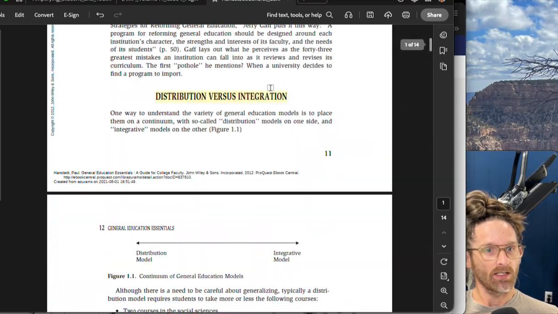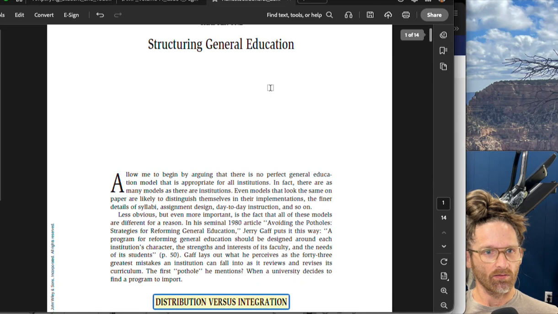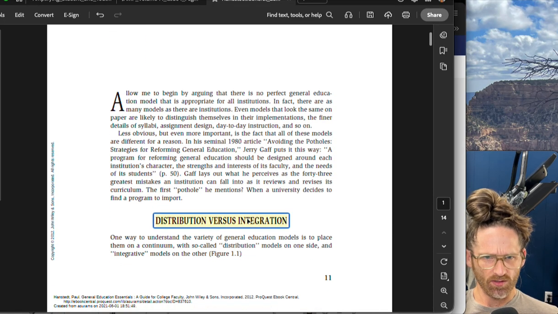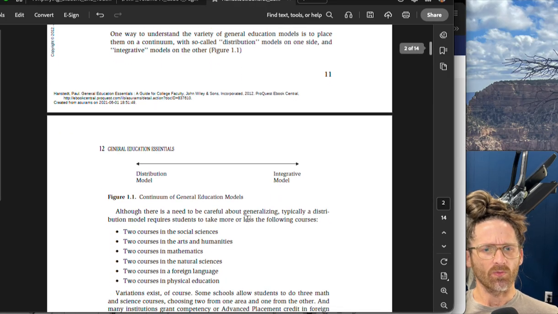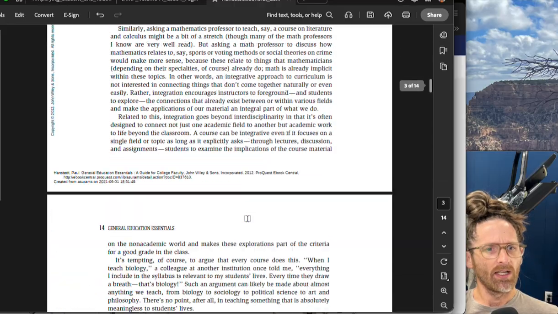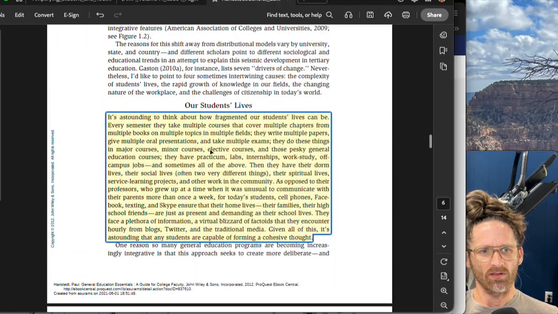And all I did was look at, all right, what is this book organized around? So general education, what do faculty need to know about gen ed? Okay, it's this distribution versus integration. How does he define those? Well, students aren't consulted. That's all I'm really interested in. I want to use it as an example. And when students are consulted, they're not actually consulted directly.